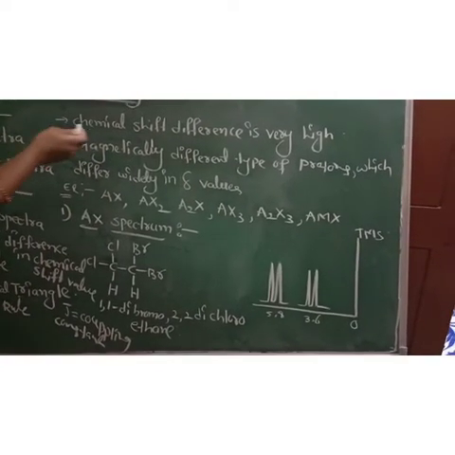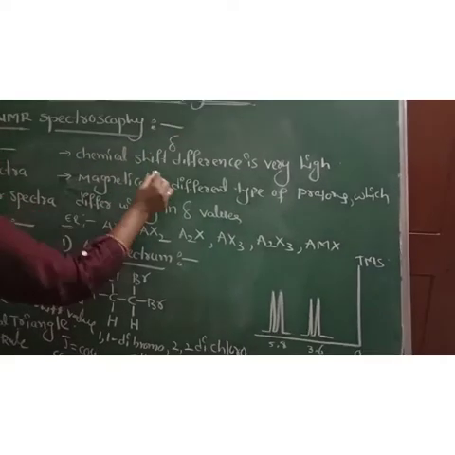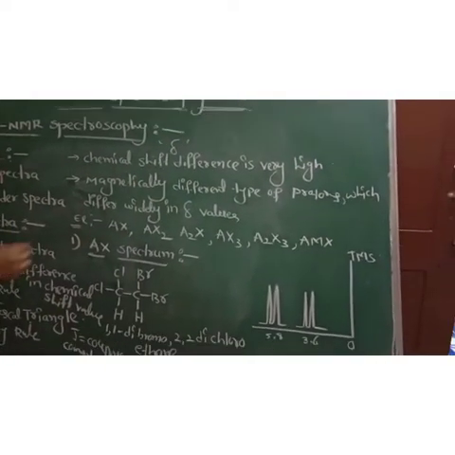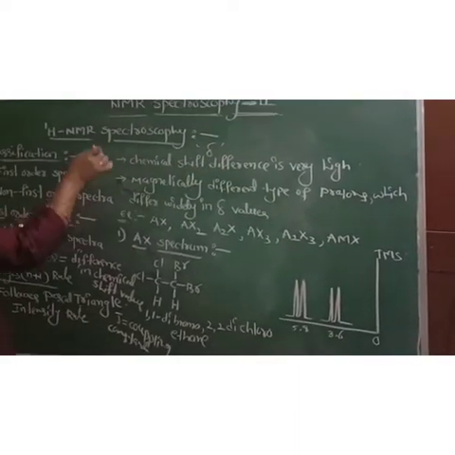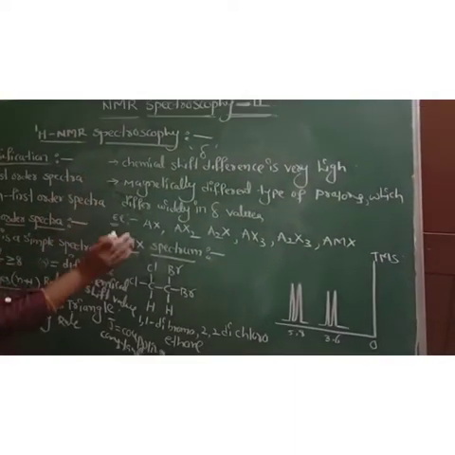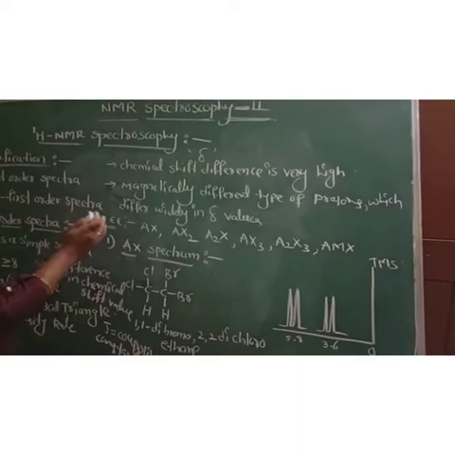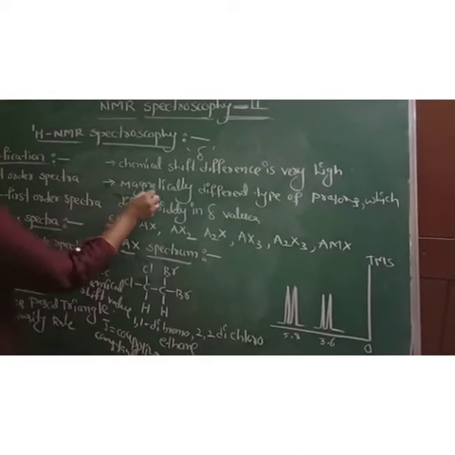We have already discussed chemical shift, which is represented by delta, and the chemical shift difference is very high, so the spectrum appears clearly. The distance between signals is high.